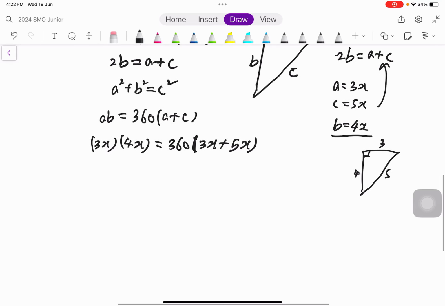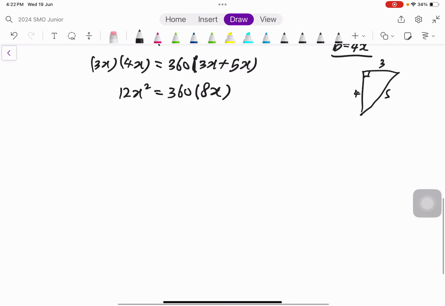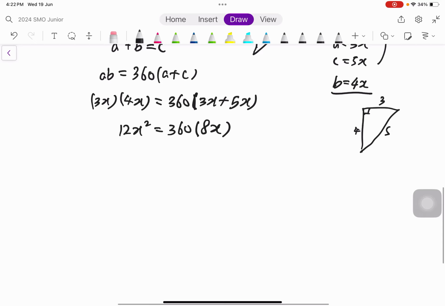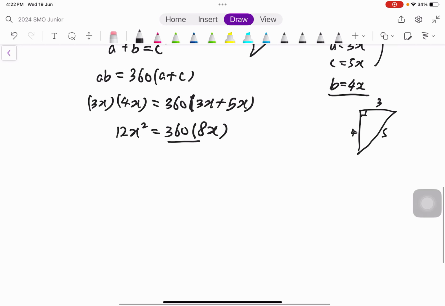Okay, therefore, I think you can roughly see that this is 12x squared. And then this is 360. And then this is 8x, right? And I think you can solve. Therefore, divide, and you can see that your x will turn out to be 240. Obviously, x cannot be 0.